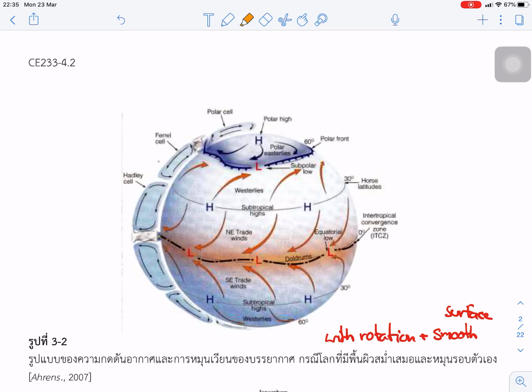You can see that the direction of the wind is inclined, from the northeast. So we can explain why the wind direction is northeast using angular momentum.